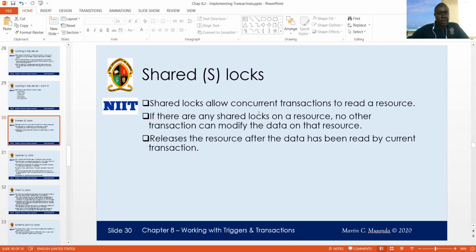For shared locks, once the data has been accessed in a given resource, then other transactions can access it. But for exclusive locks, it means that the transaction which started is going to have exclusive access until the data has been committed or the data has been reversed, rolled back.